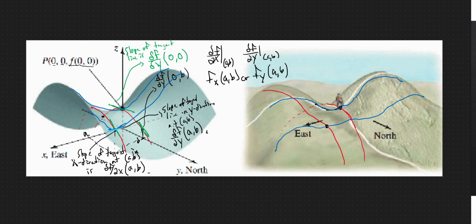So these are all notations for the same thing. It's telling us the slope of a tangent line in the x direction at the point (a, b), or the slope of a tangent line in the y direction at (a, b). And by x direction, y direction, I'm talking about these planes intersecting the surface and the curve that comes out of that.